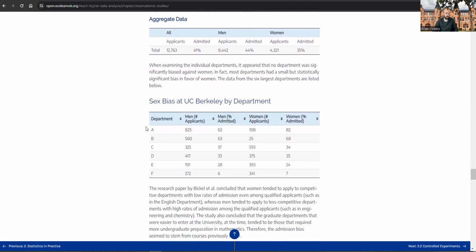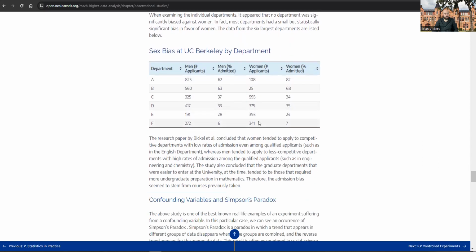When you look at it by department, what it found was there were actually a lot more applicants for certain departments. So you had departments where there was a high rate of admission, and fewer people applying for those. Basically, the women applying were looking at more competitive departments, so the admission rate was lower.